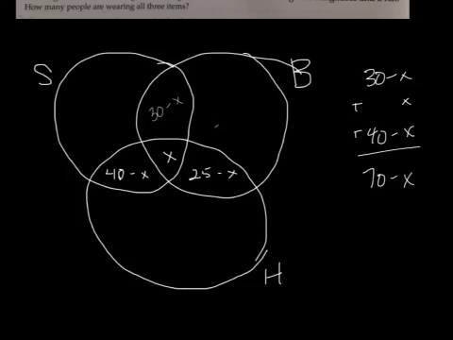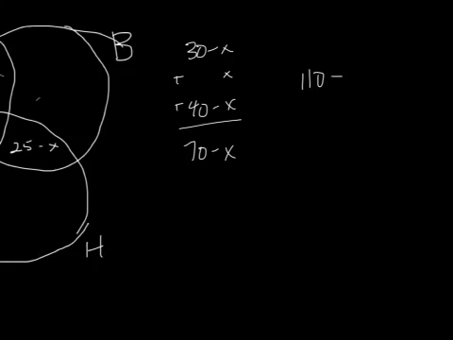Now, what is 110 minus, here's where we're going to be real careful. This is a hint for future algebra stuff: anytime you subtract in algebra, prepare to subtract with parentheses.